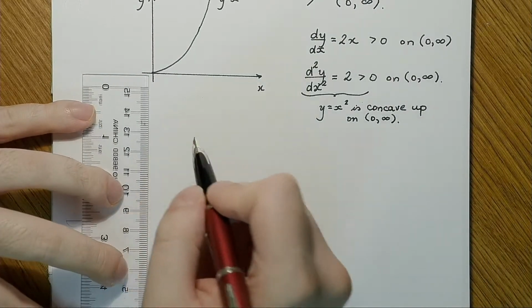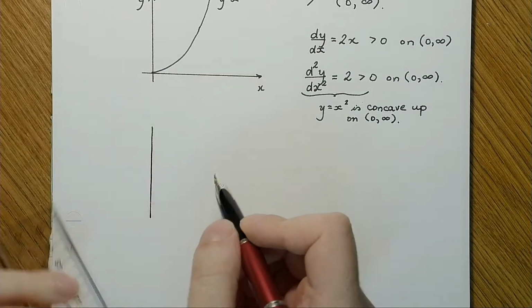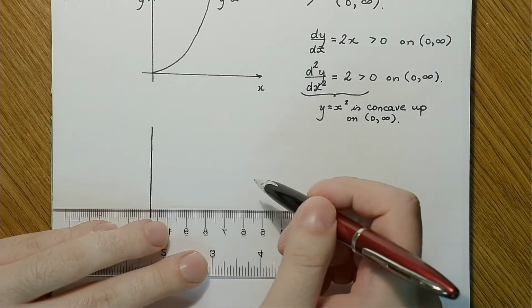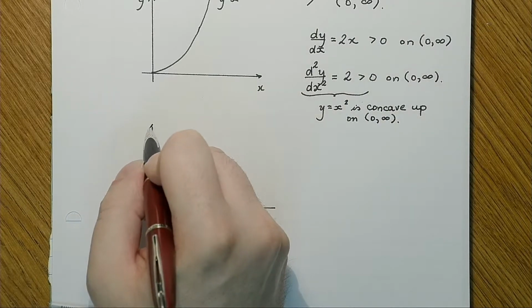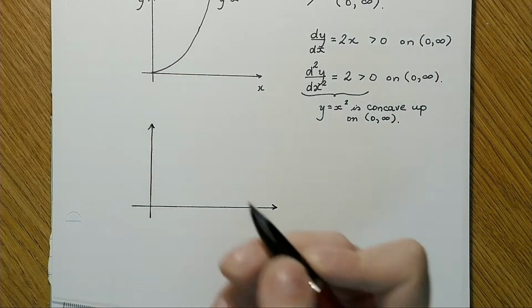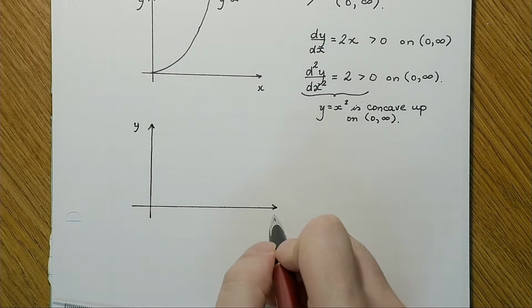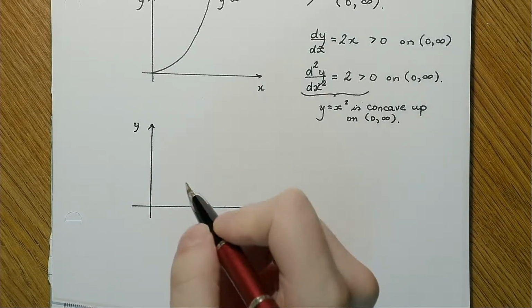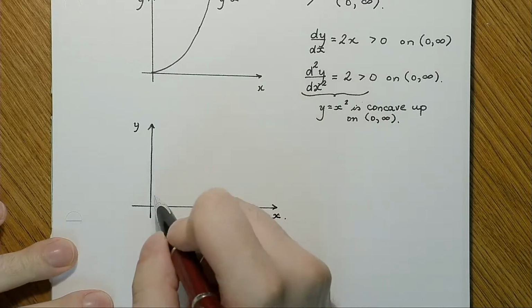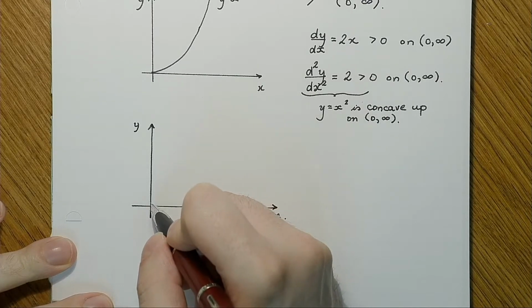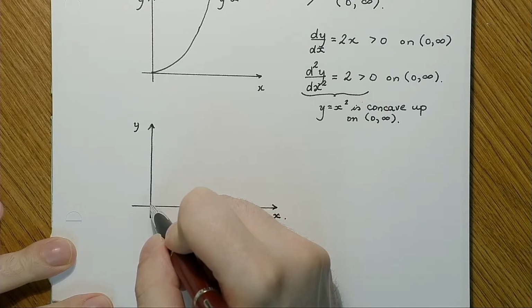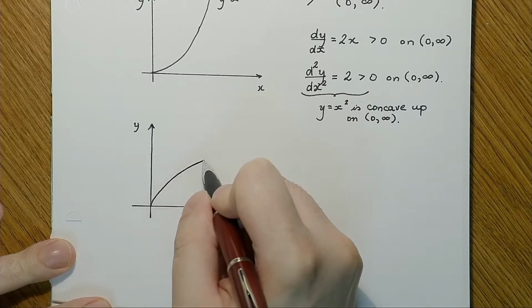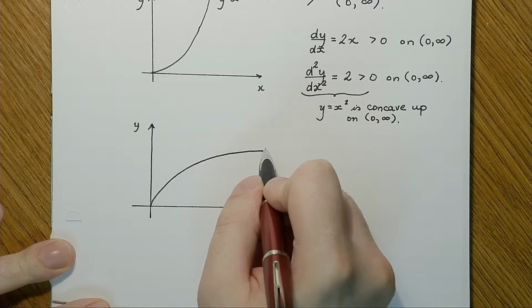Let's draw another one. Okay, so we can have a function that is increasing, and we wanted it concave down, so I'll draw this.